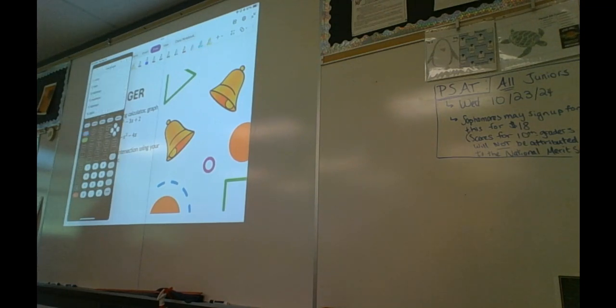Okay, and then we go down to intersect. And then mine says left bound, right bound. Yours will say first curve. So you go along whatever curve you're on, you hit enter. And then you go to the next curve, it'll say second curve. And then you just go somewhere close to the intersection and hit enter.